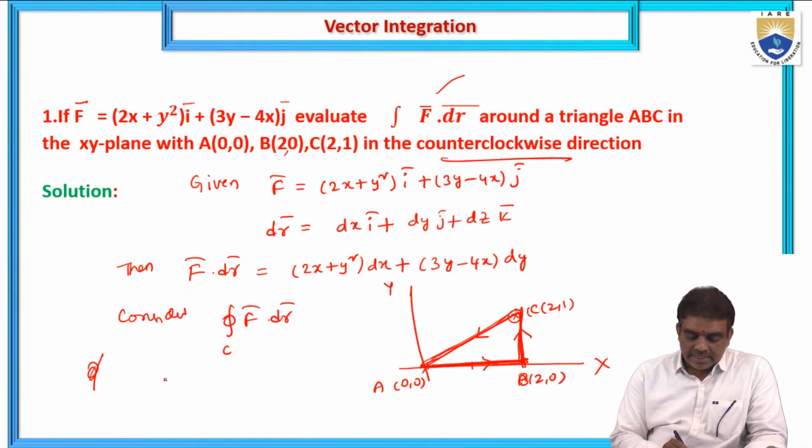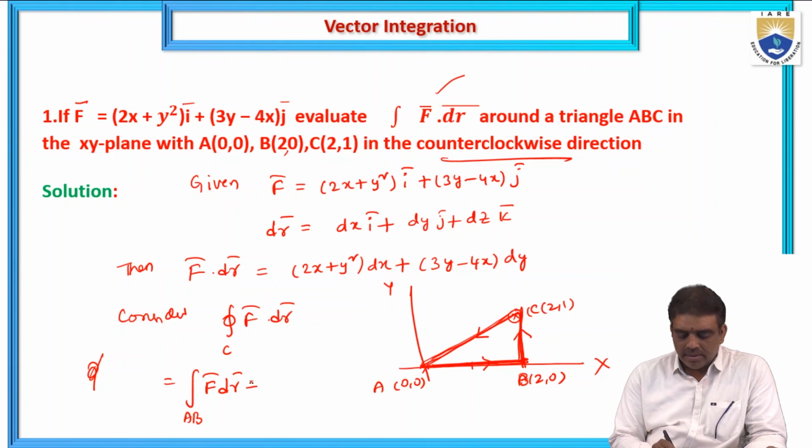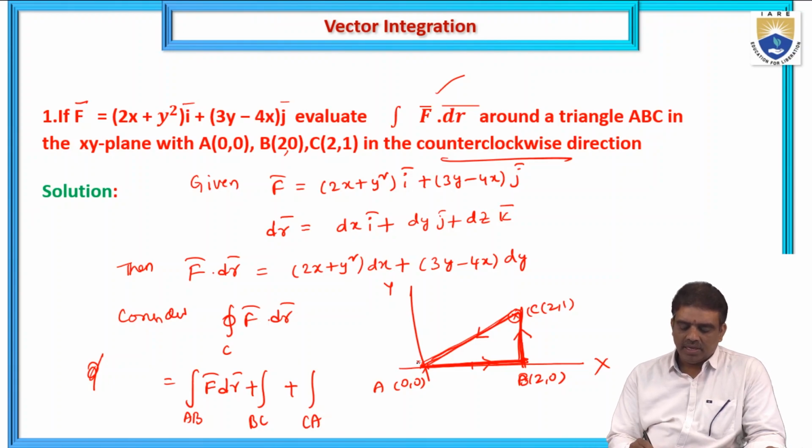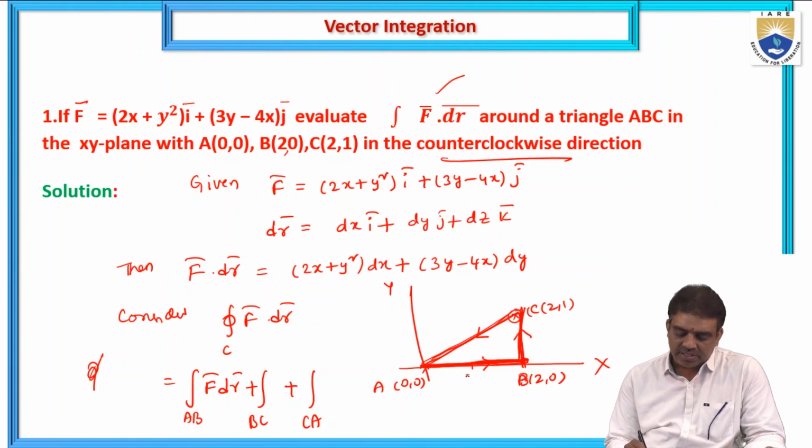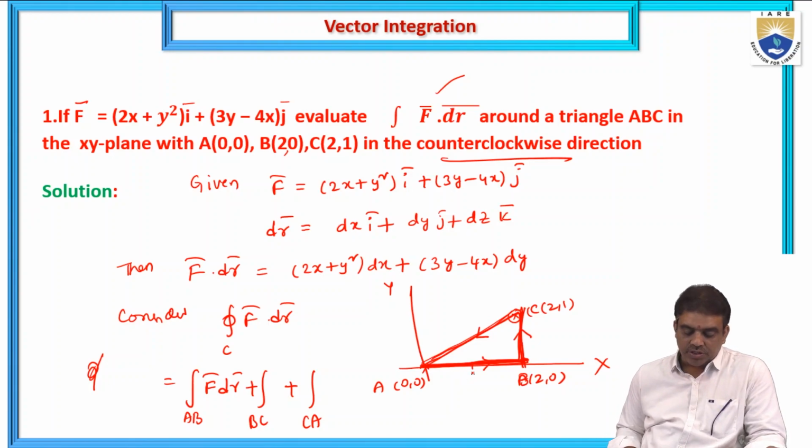So the integral around the closed curve C of f bar dot dr bar can be written as the integral along AB plus the integral along BC plus the integral along CA. Now, what is the equation of AB?